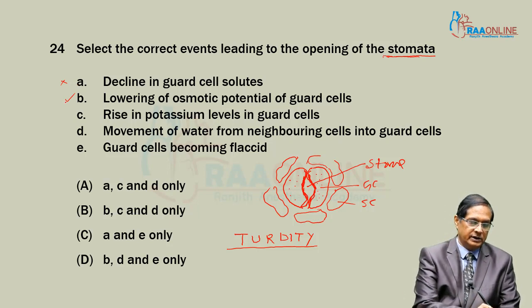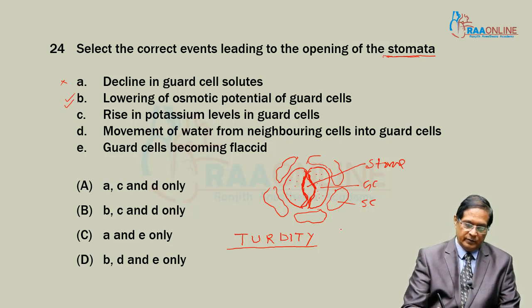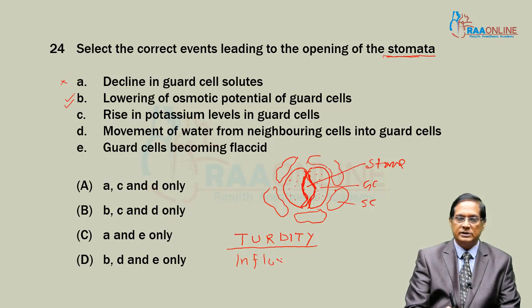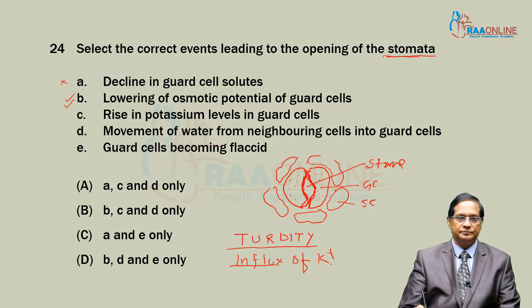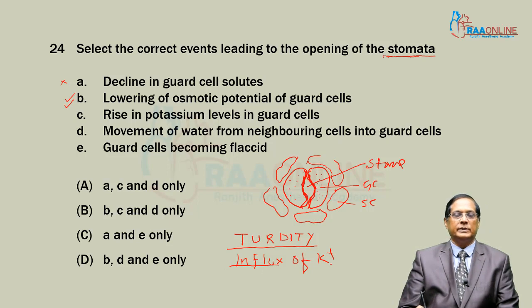Rise in the potassium level is also right, because influx of potassium is essential. When potassium enters the guard cell, meanwhile guard cells have already synthesized malic acid.